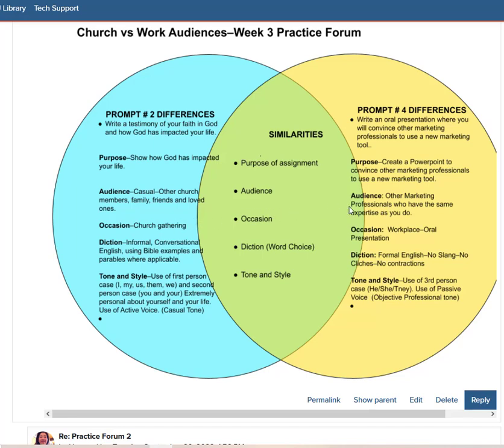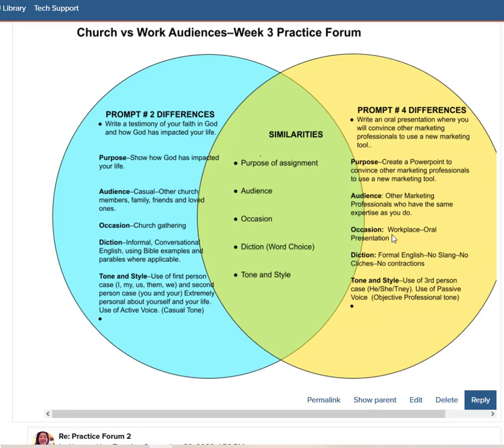And then the second place that I compared it to is the office. Write an oral presentation where you will convince other marketing professionals to use a new marketing tool. So the purpose, create a PowerPoint to convince other marketing professionals to use a new marketing tool. Audience, other marketing professionals who have the same expertise as you do.